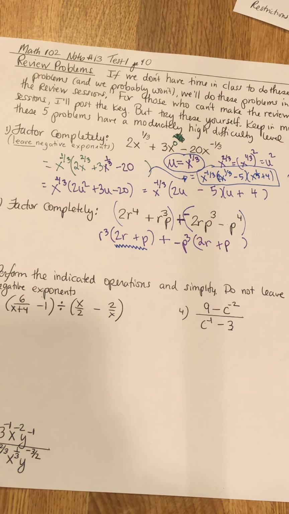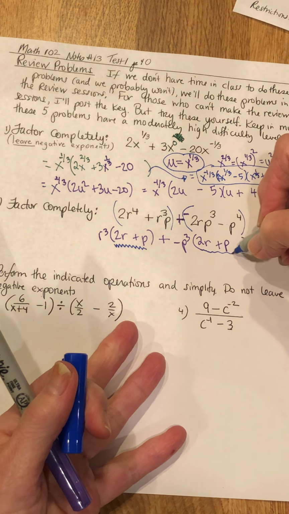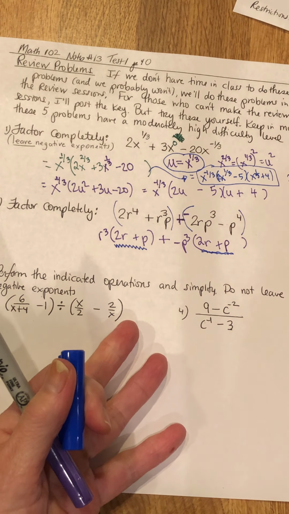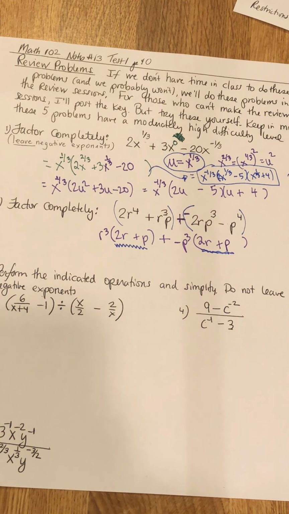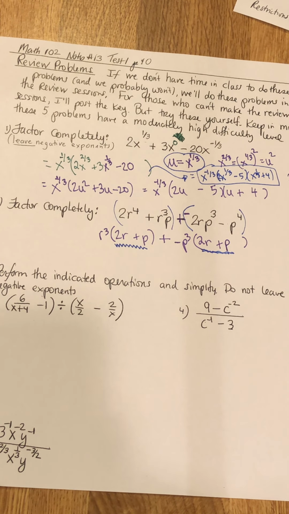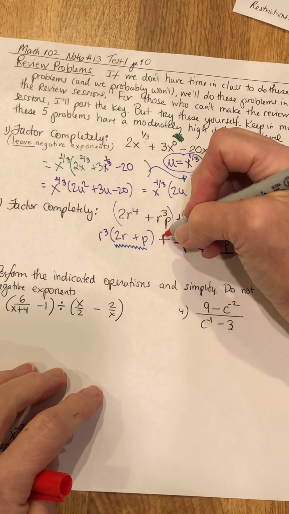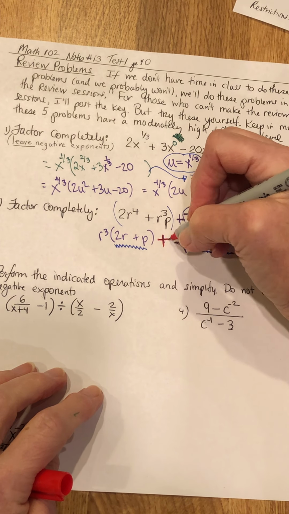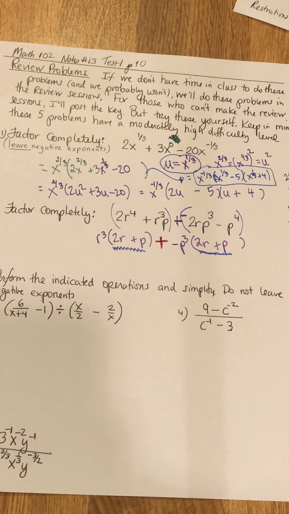And notice I have the same binomial over in this term. And the other thing you need to notice, and this happens frequently when I give this problem on the test, you're not done. You're not in factored form. See that big fat plus sign? There are still 2 terms. You're not in factored form until you've got all one term and all your factors are prime.